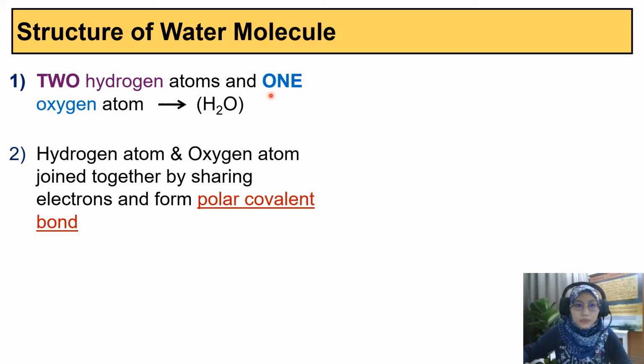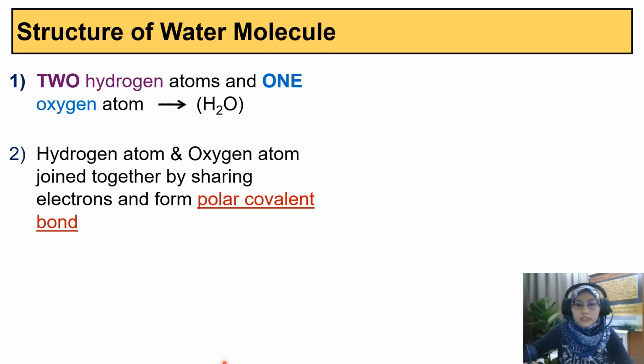A water molecule is composed of 2 hydrogen atoms and 1 oxygen atom, and the molecular formula of water is H2O. Hydrogen atoms and the oxygen atom join together by sharing their electrons to form polar covalent bonds.